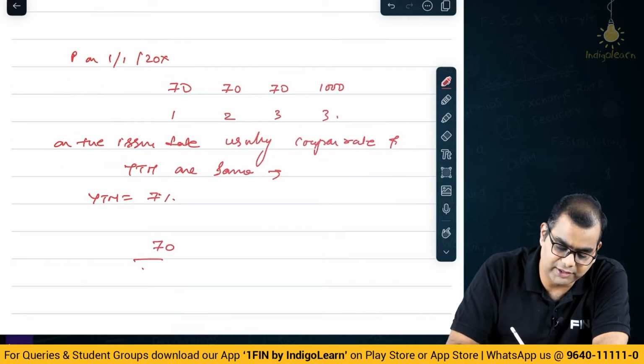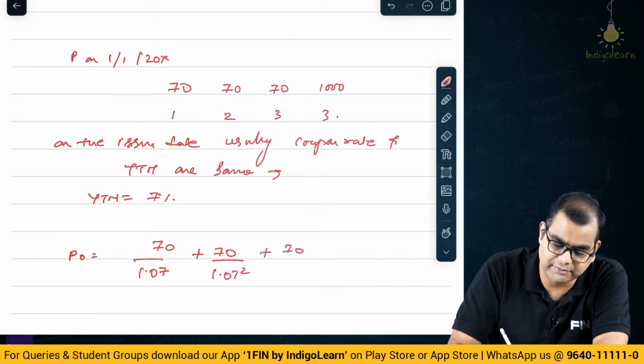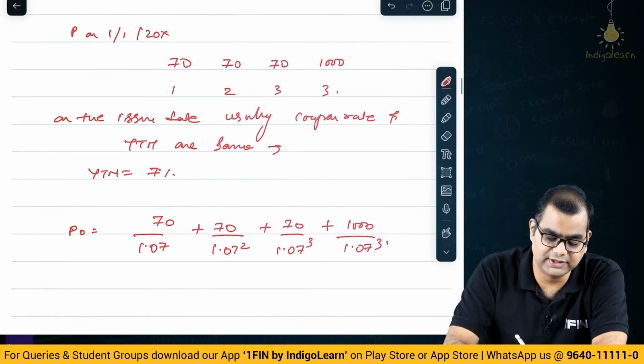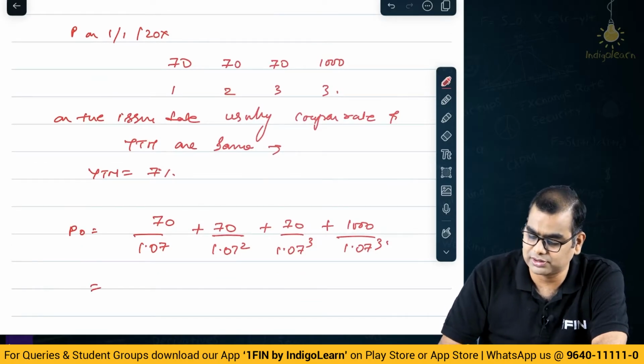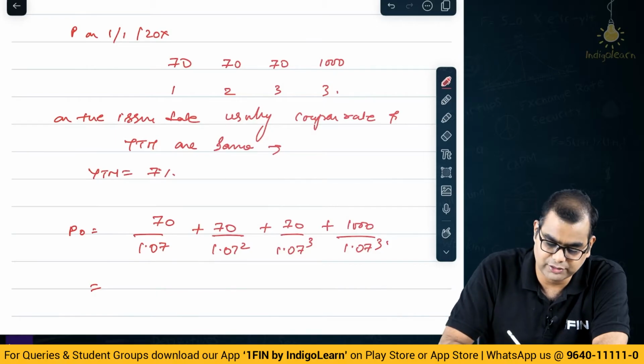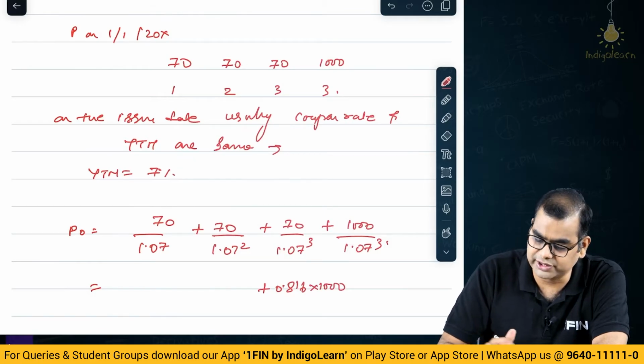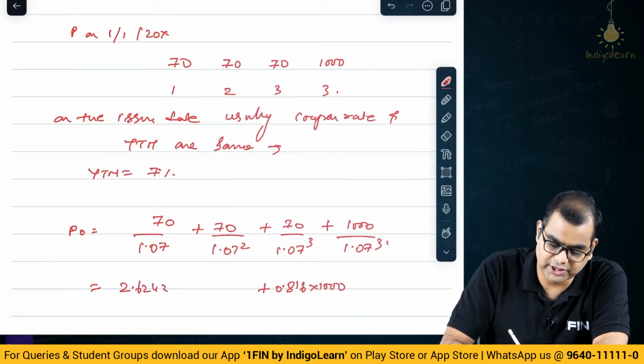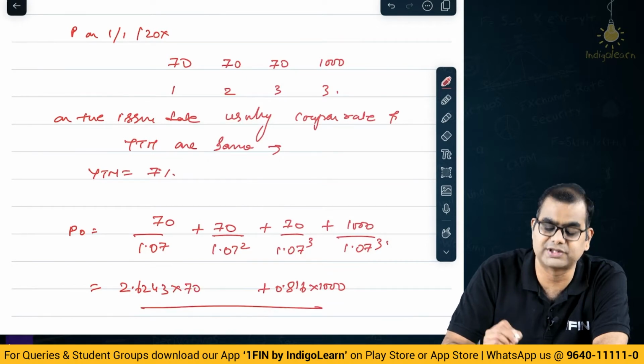So, P0 is equal to 70 by 1.07 plus 70 by 1.07 whole square plus 70 by 1.07 whole cube plus 1000 divided by 1.07 whole power 3. What will this be? 1 by 1.07, once, twice, thrice, GT: 2.6243 into 70 plus 0.816 into 1000.